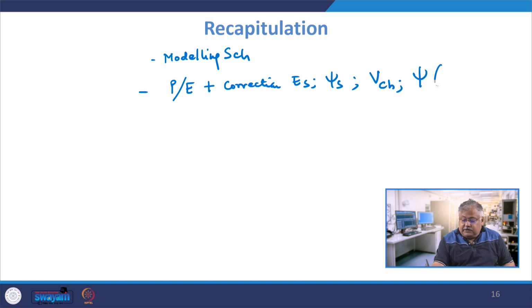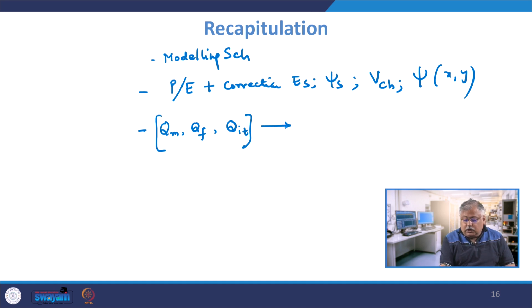There is also a term which is psi of xy. We then finally ended up looking into traps. So we divided the charge into mobile charges, we looked into the fixed charges, and we looked into the interface trap charges. And all these three are related to the electric field which is available to us in the device itself. With this, we have been able to at least see which quantity within the Poisson equation affects the overall characteristics of the device to a larger extent, right.